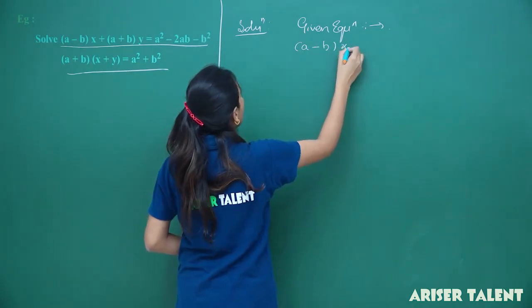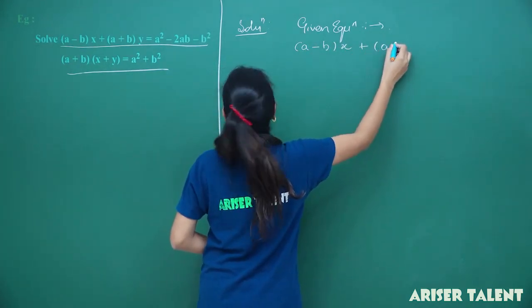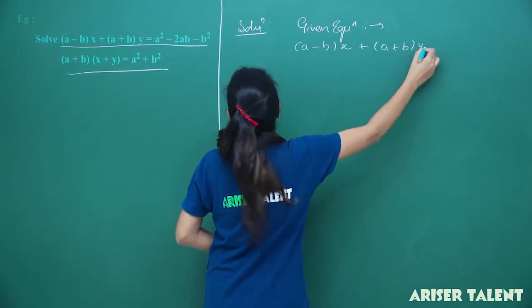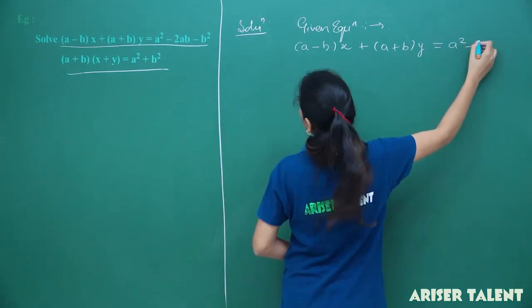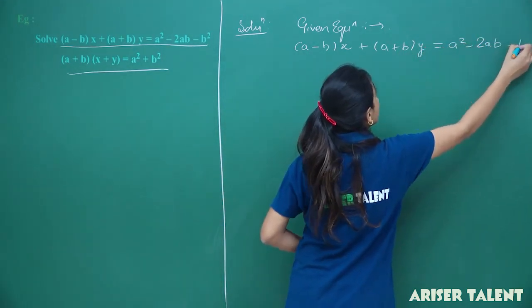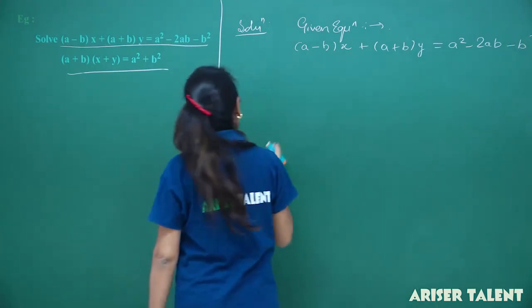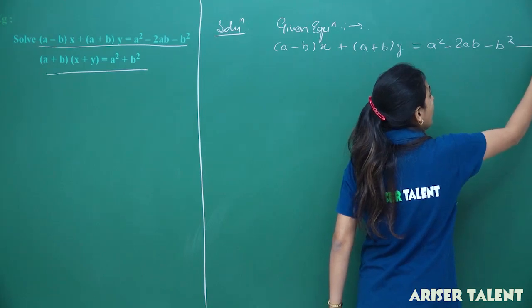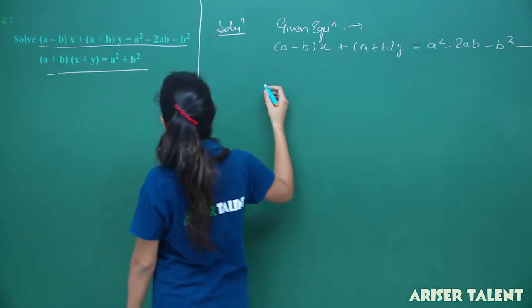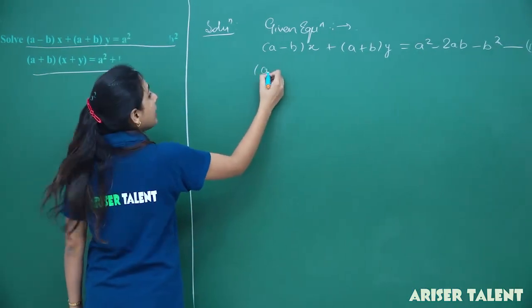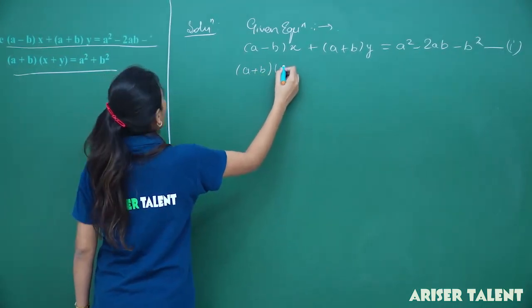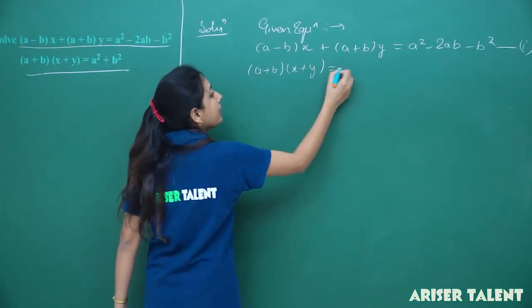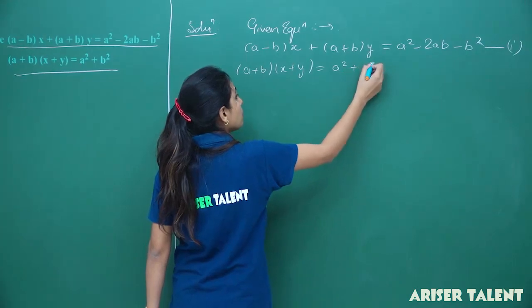A minus b x plus a plus b y equals to a square minus 2ab minus b square. This is the first equation. Now the second equation, students: a plus b multiplied by x plus y equals to a square plus b square.